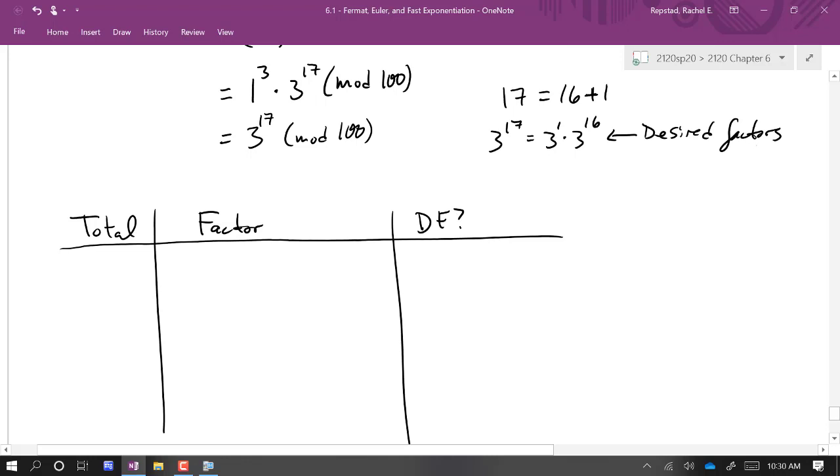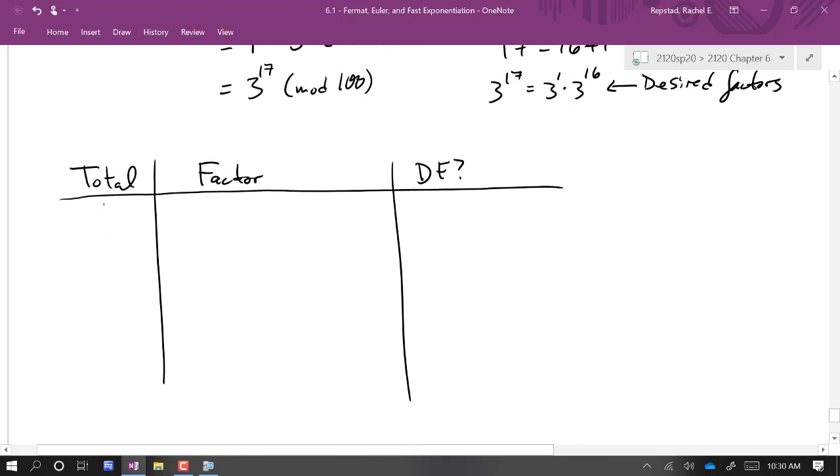So my total always starts at 1. My first factor is 3 to the first, which is 3, and I'm reducing mod 100 along the way. Three to the first is a desired factor, so 1 times 3 is 3, that's already reduced.